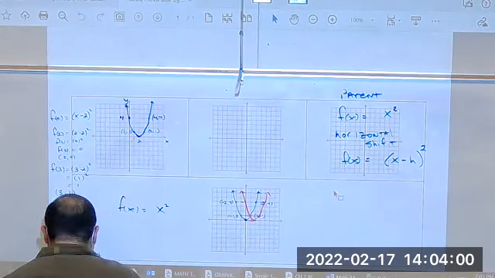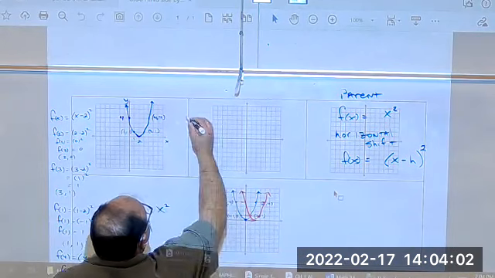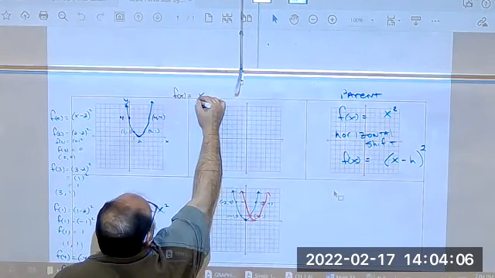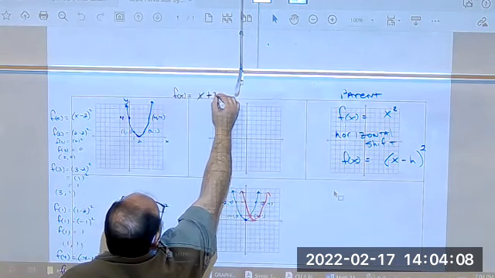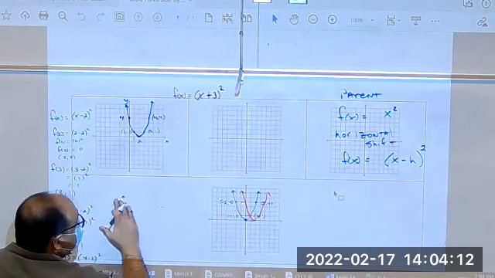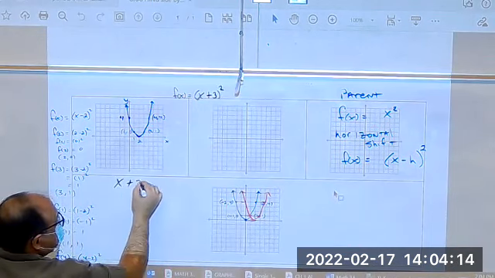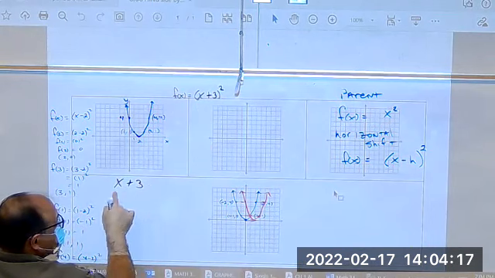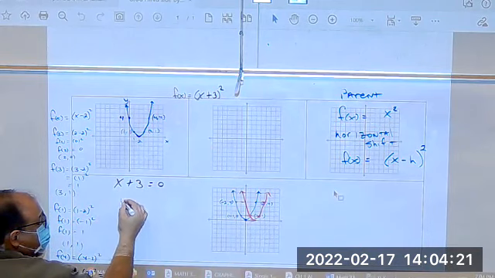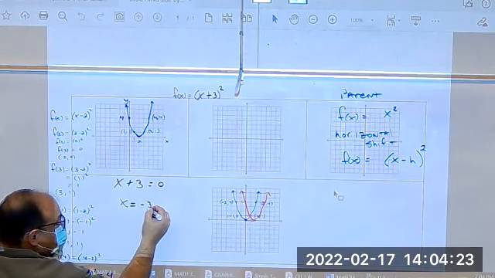If I gave you f of x equal to (x plus 3) squared, like I mentioned. What makes x plus 3 equal 0? What value of x? Negative 3.